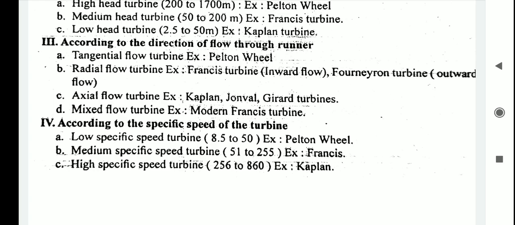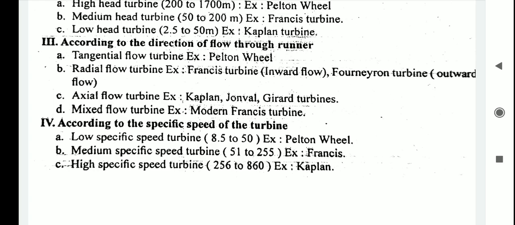The second one is medium specific speed, which employs a moderate head in the range of 50 meters to 200 meters. For example, the Francis turbine, where specific speed is 60 to 400. The last one is high specific speed, which employs a very low head, in the range of 2.5 meters to 50 meters.